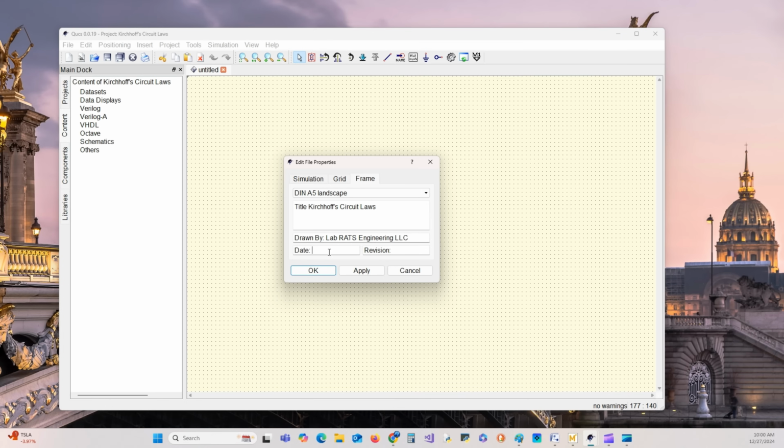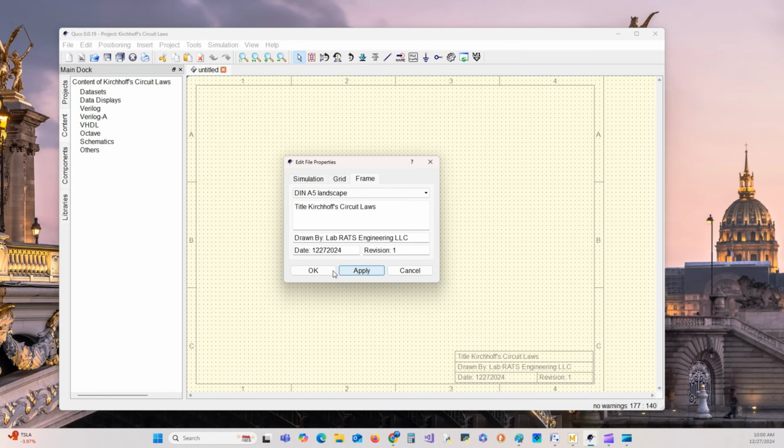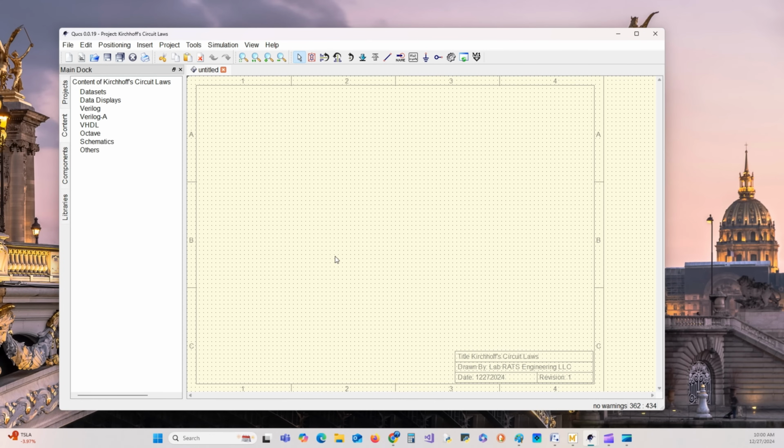The date. Hope everybody had a good Christmas. Version 1, apply, say OK. All right, now we have our schematic.